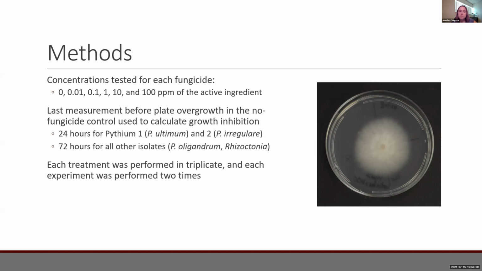Mycelial growth diameter was measured daily until mycelia covered the entirety of the no fungicide control plate, and the last measurement before plate overgrowth in the no fungicide control was used to calculate growth inhibition as a percent. This measurement for Pythium ultimum and irregulare was 24 hours, and for everything else was 72 hours. Each treatment was performed in triplicate, and then each experiment was repeated.